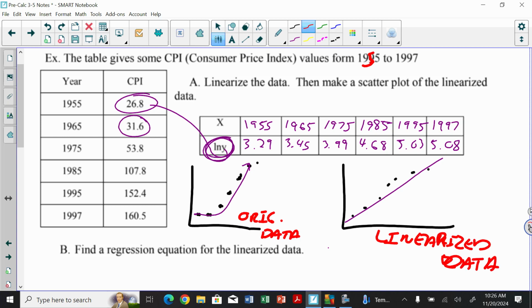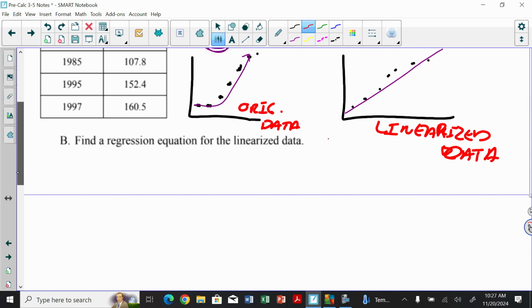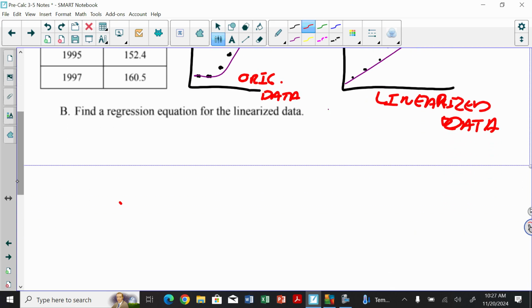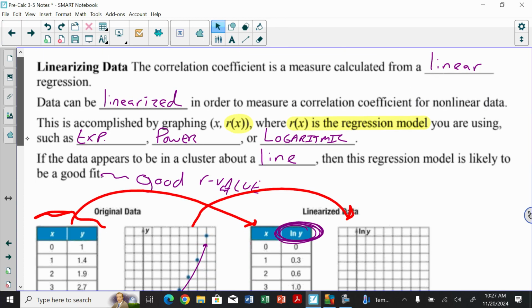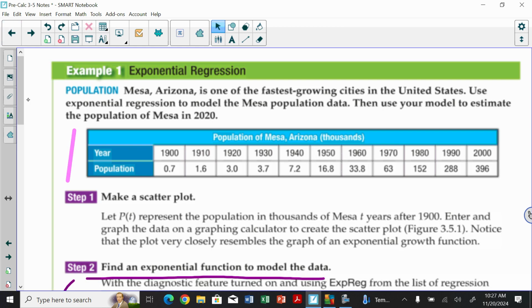Okay, so now what we want to do is find a regression equation for the linearized data. So when we do this part, we want to do the work that we were doing on this page right here.